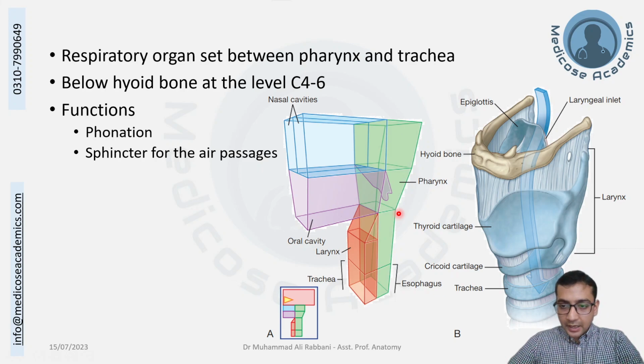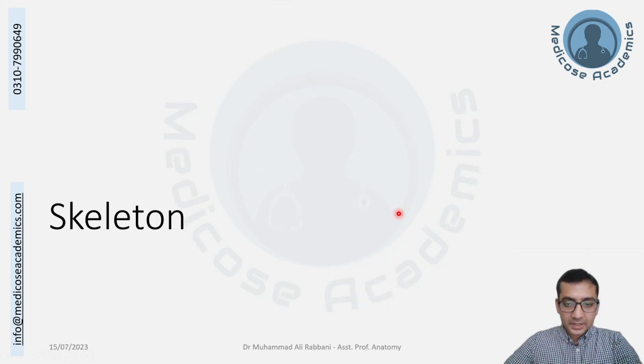It protects the airway from the food, water and drink that is going through the pharynx. If it diverts to the larynx, it is stopped by it.